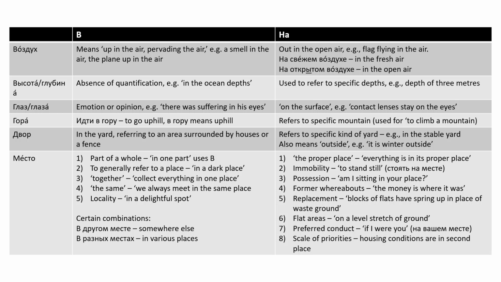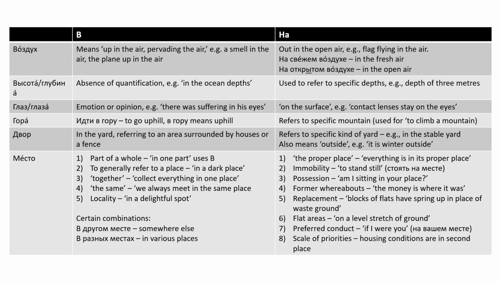Whereas when you use na, you will be qualifying it differently. So if you're talking about specifically a stable yard or any other kind of yard, then you would use na. And then na dvore also means outside generally. So na dvore, it is winter, zima. Zima is winter, but let's not focus on that now.